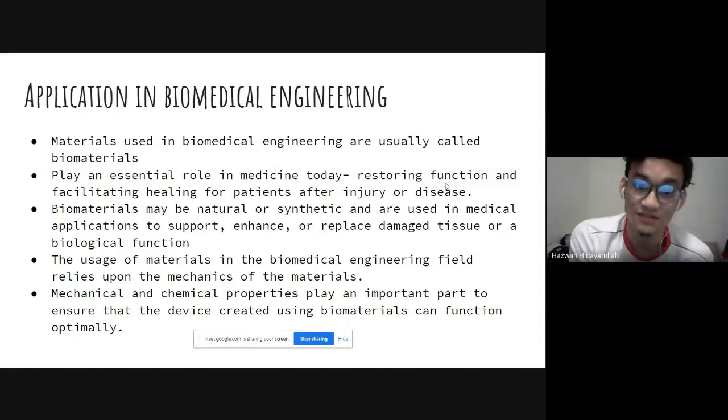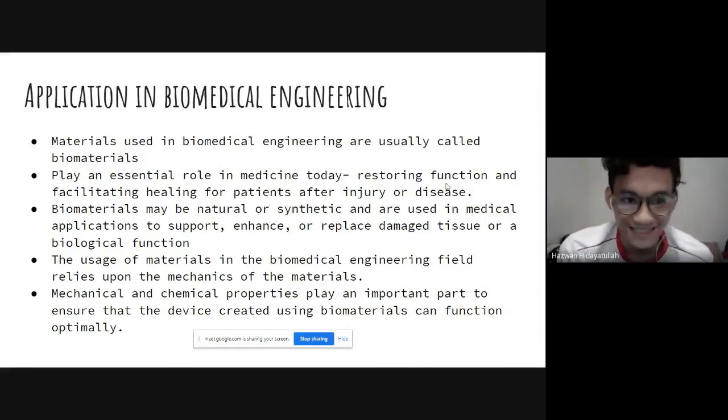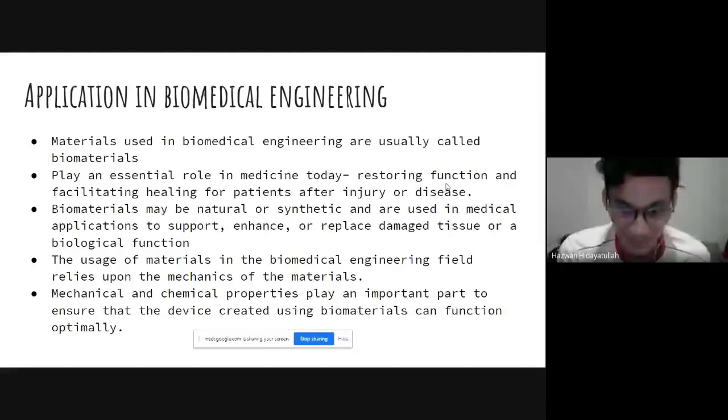They play an essential role in medicine today. They serve to restore function and facilitate healing for patients after injury or disease. Biomaterials may be natural or synthetic and are used in medical applications to support, enhance, or replace damaged tissue or biological function.